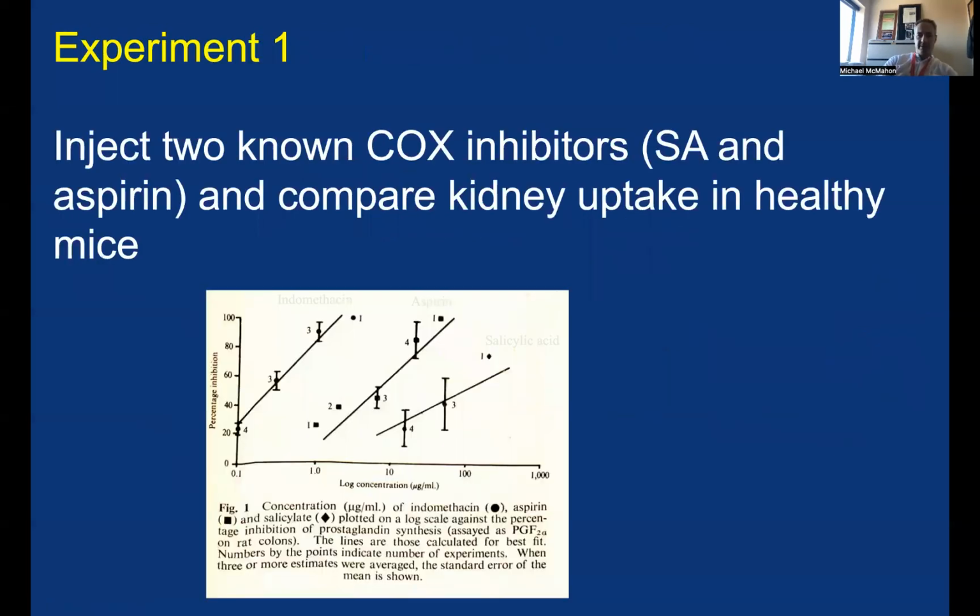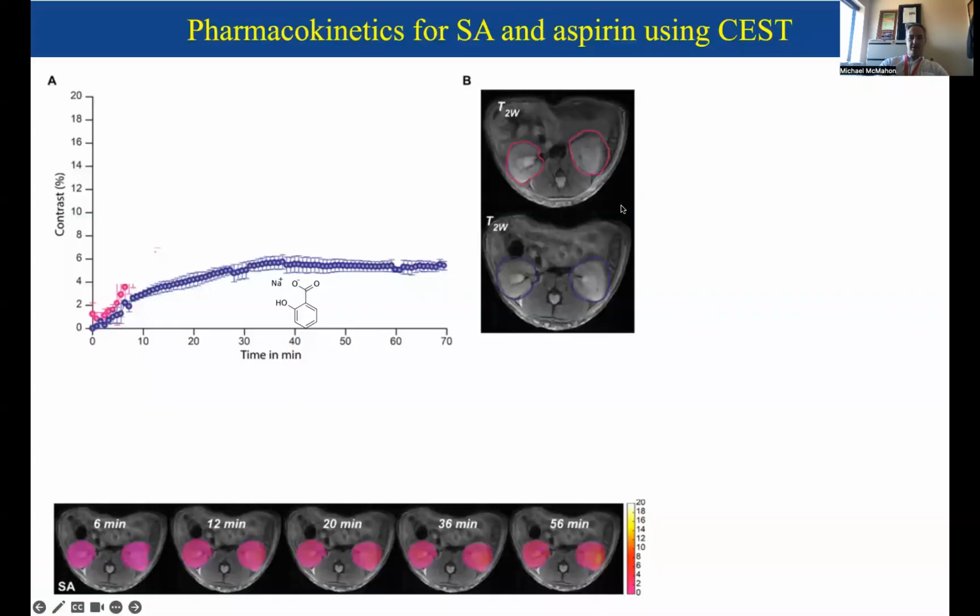So our first experiment was to inject 2 known COX inhibitors, salicylic acid and aspirin, and compare the kidney uptake in healthy mice. Here's our experiments. For salicylic acid, we saw some enhancement of the kidneys.